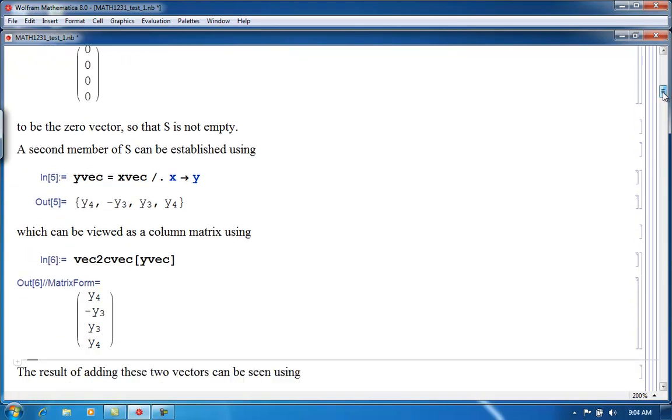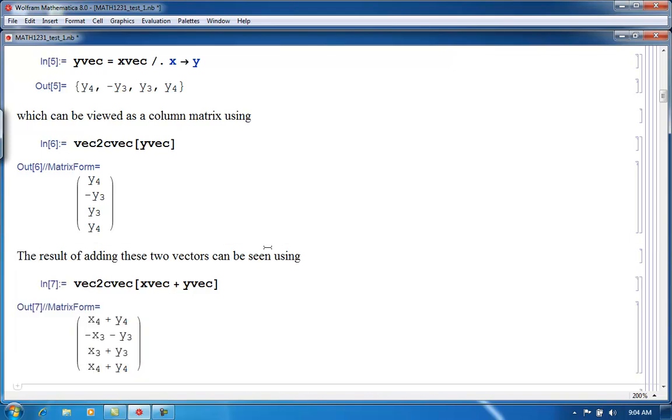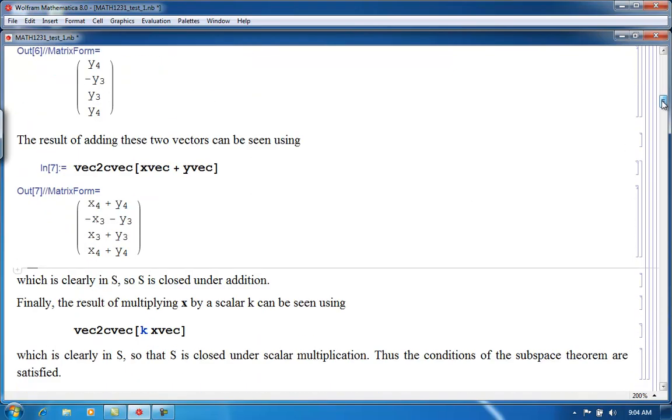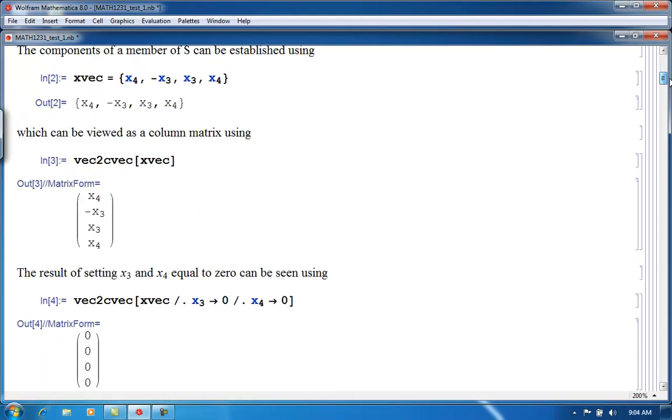So we can see the result of adding these two vectors using that, and it's pretty easy to see that that is also a member of S, because we just have to replace x4 by x4 plus y4 in all this.